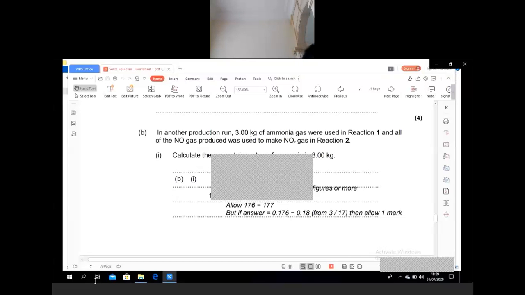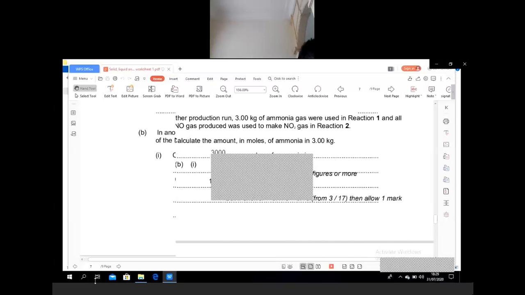Why 3000? Because 1 kilogram is 1000 gram, and we know that molar mass is gram per mole. So the answer should be 176.5 moles, roughly around that.